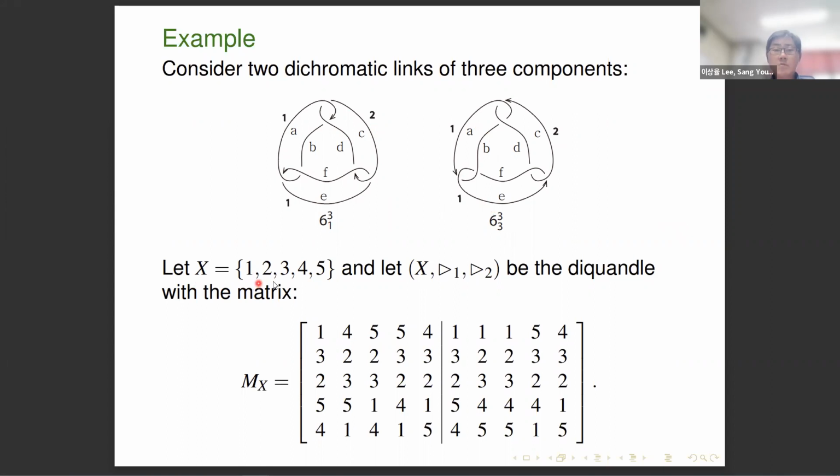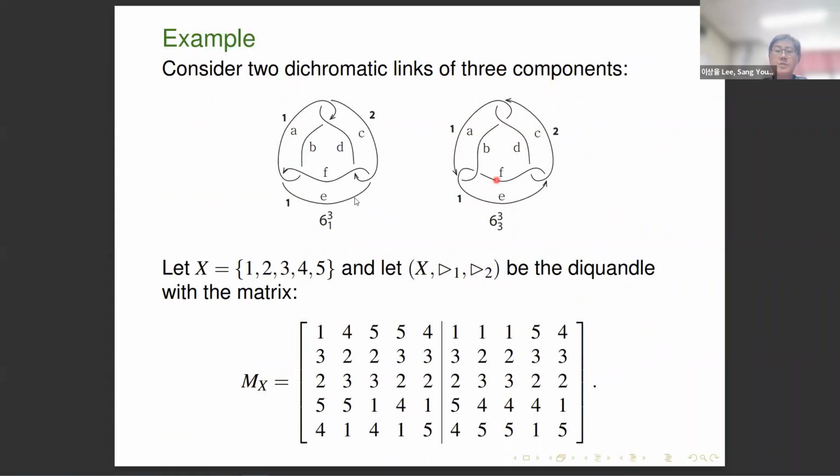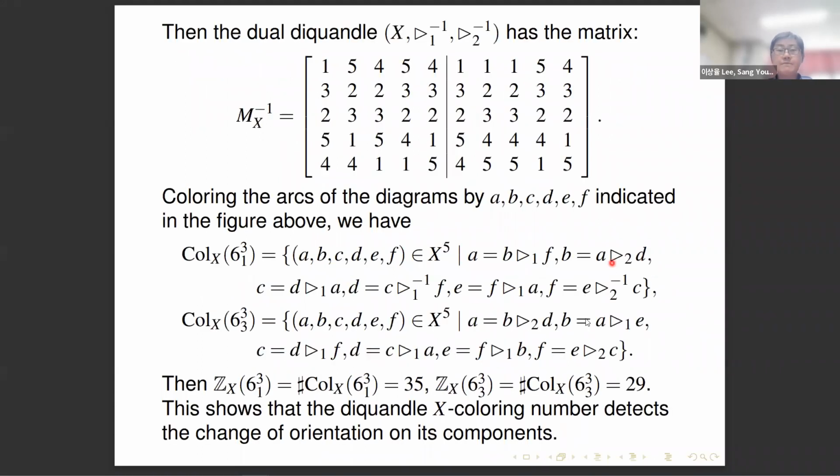Consider X = {1, 2, 3, 4, 5}, a diquandle with this operation table. Then from these diagrams, we can find the coloring set like this.